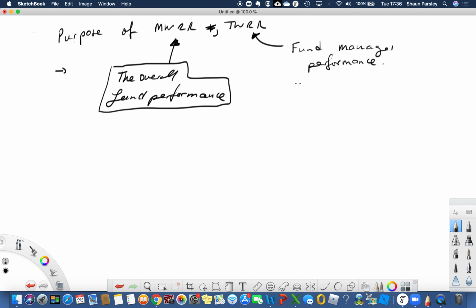You've appointed the fund manager, you want to know how well he or she has performed. So those are the kind of differences. When are the values of these different? It's when cash flows make a big difference.